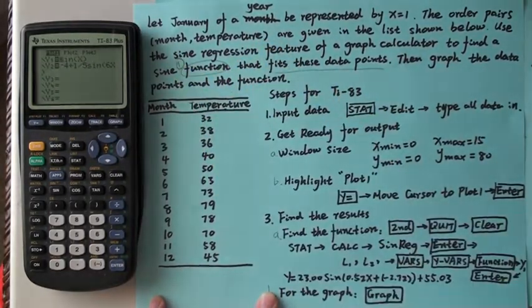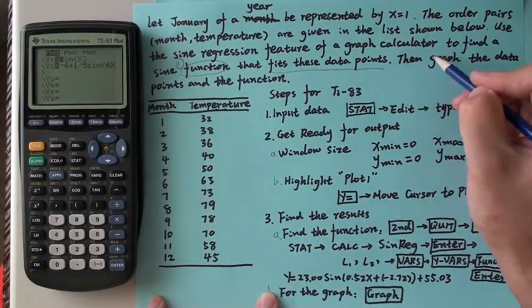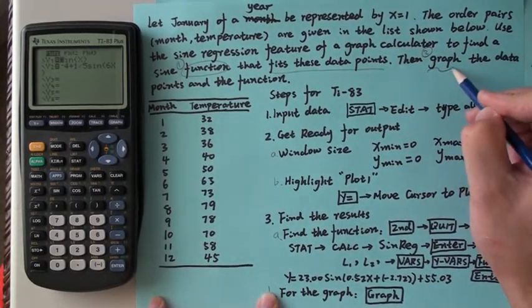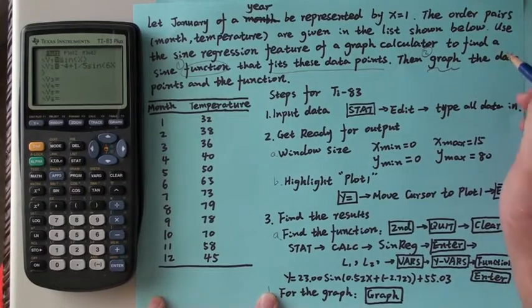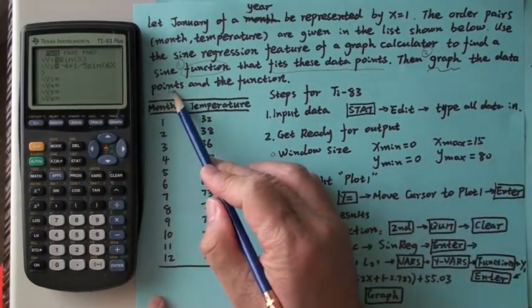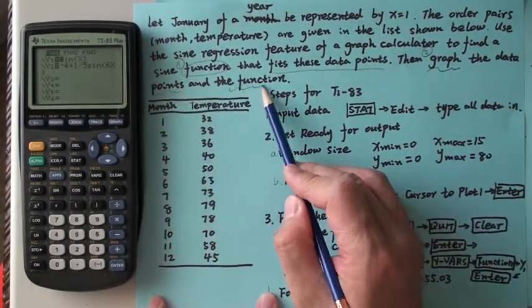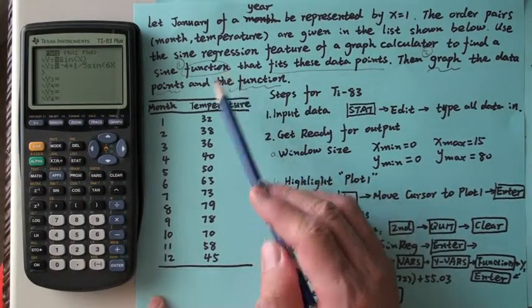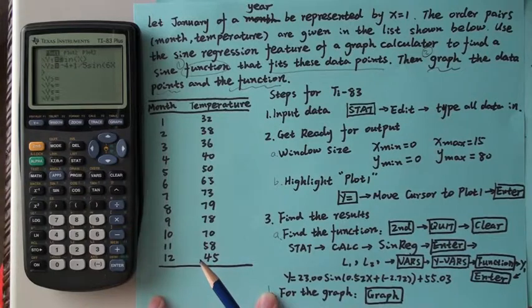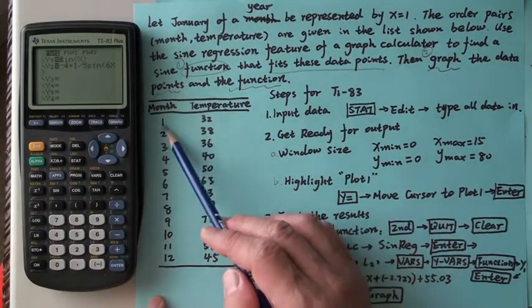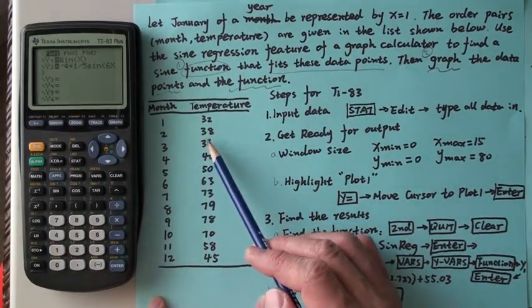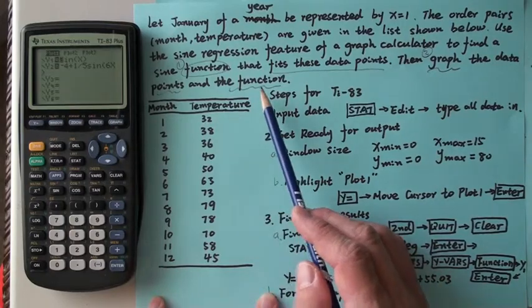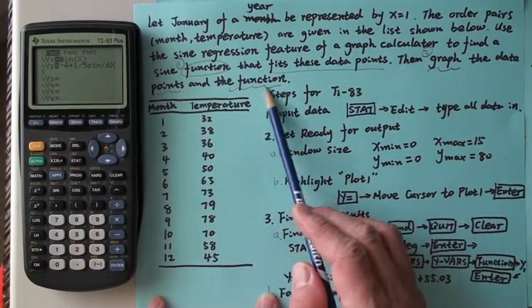Another thing we want to do is graph two things: the data points and the function. Not only do we need to find the function, we have to graph it, and also put those data points on the same graph with the function we find.